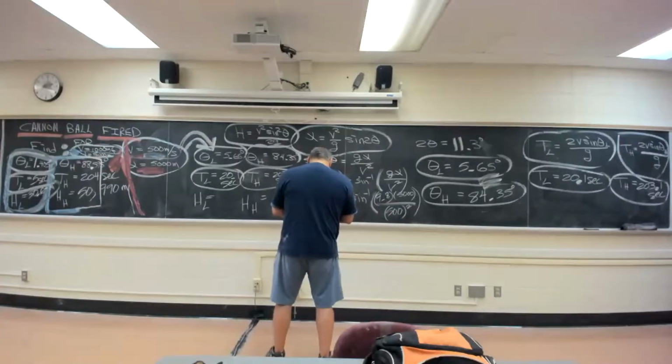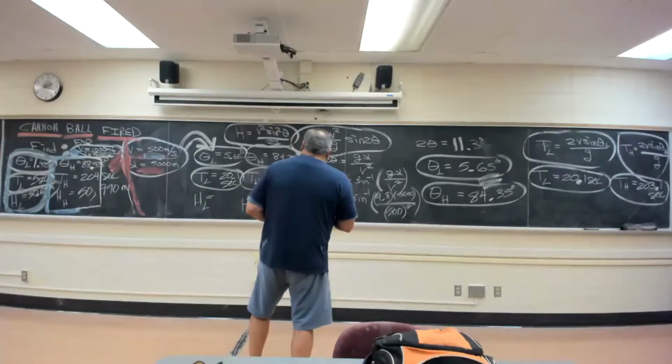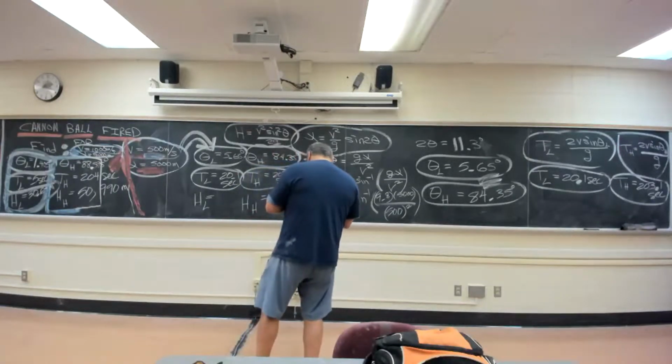The 1,000 times the sine of 5.65, okay. I think it's fine.